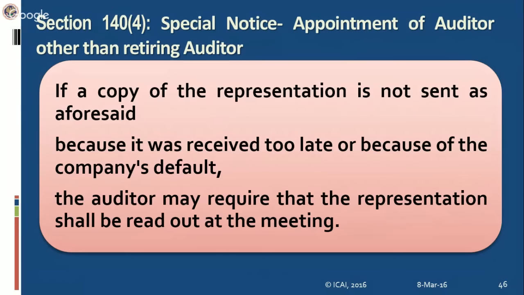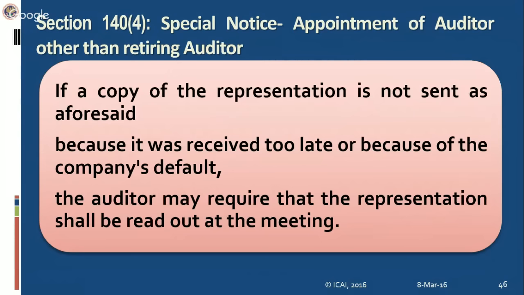If a copy of the representation is not so sent as aforesaid, because it was received too late or because of the company's default, then the auditor may require that the representation shall be read out at the meeting.